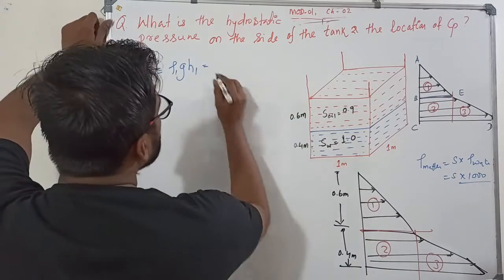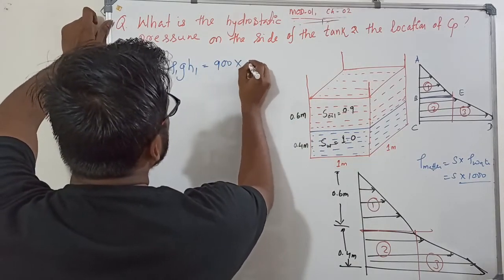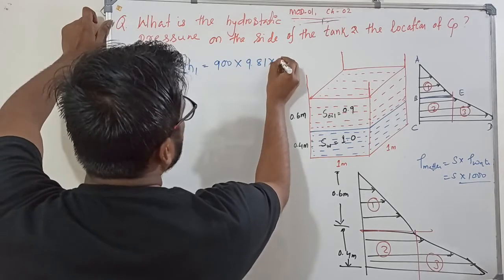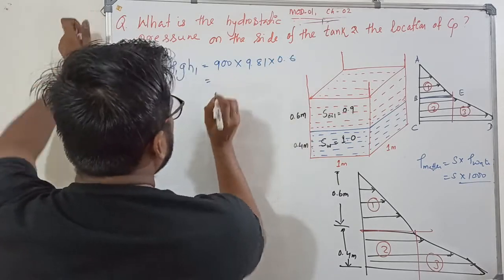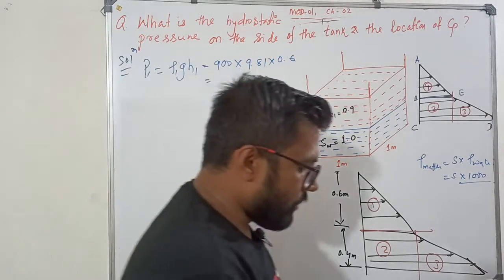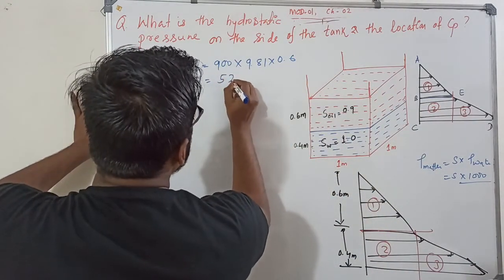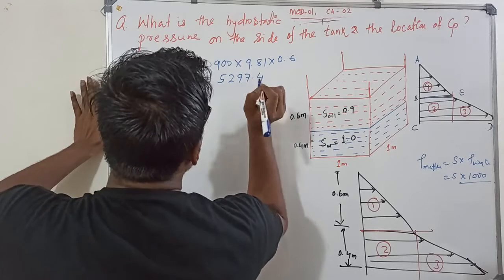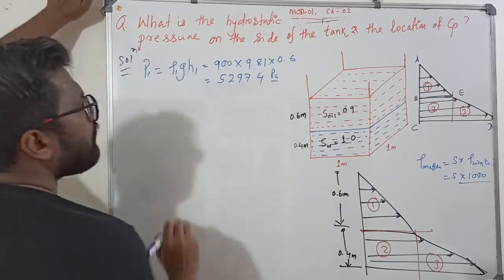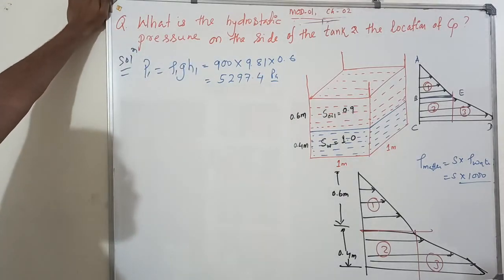So 0.9 into 1000 gives 900. Multiply gravity 9.81, multiply height 0.6 meter: 900 into 9.81 into 0.6. The calculation gives 5297.4 Pascal as the pressure.